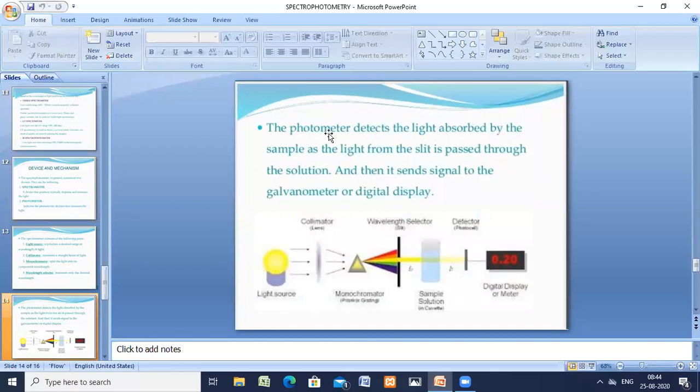The photometer detects the light absorbed by the sample. As the light from the slit passes through the solution, it sends the signal to the galvanometer or digital display.